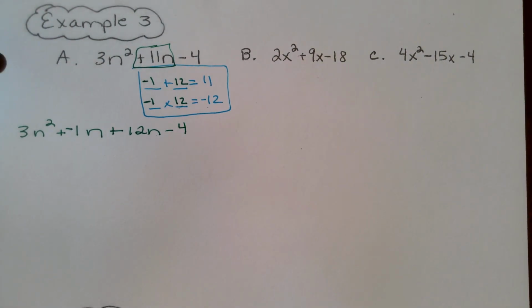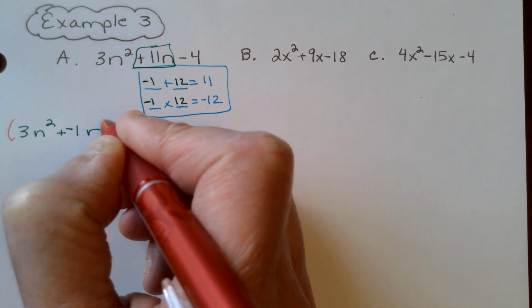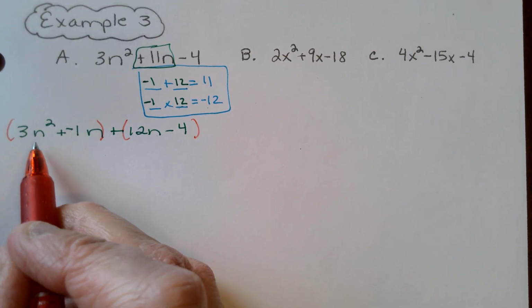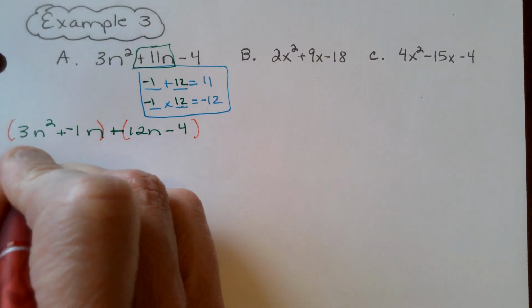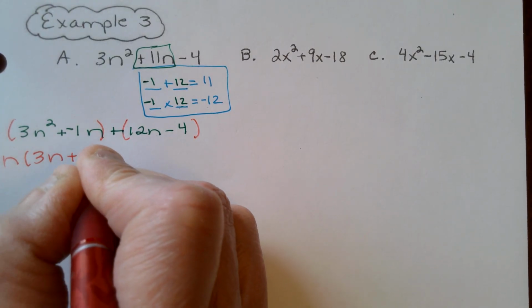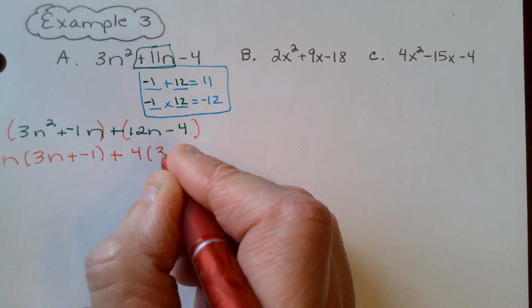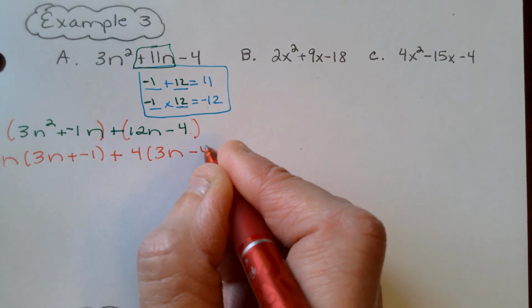Next up, group. And when I look at those now, I see, oh, I got an n to take out, so I'm going to take that n out. I'm left with 3n plus a negative 1 plus 4 times 3n minus 1.